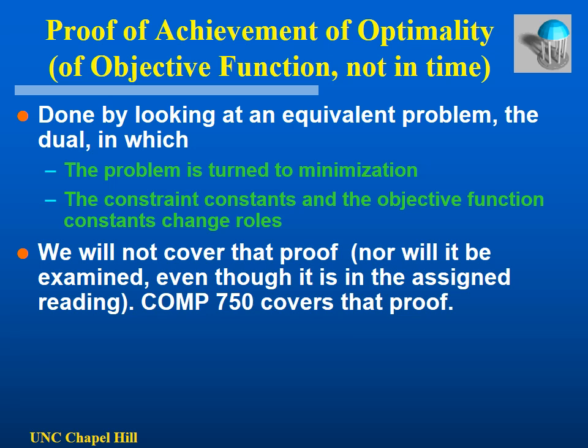And that dual is formed by changing the role of the constraint constants and the objective function constants, so that the constraint constants become objective function constants in some way, and the objective function constants become constraint constants in some way.